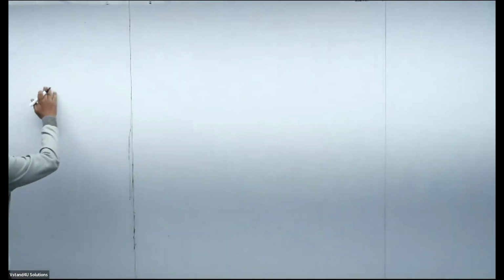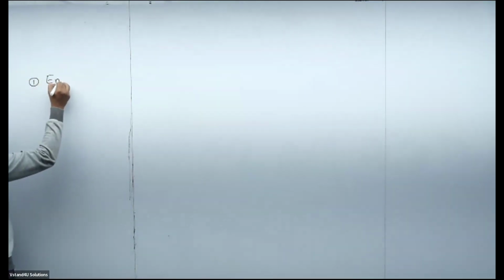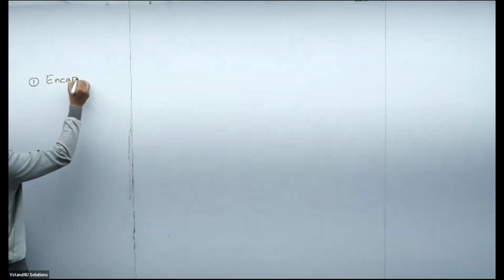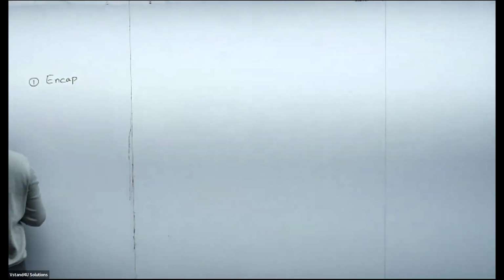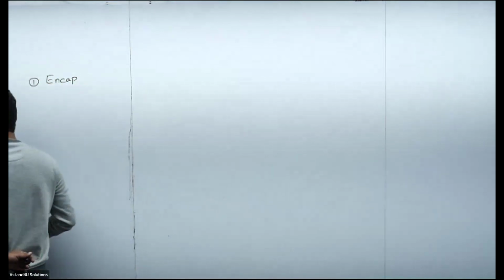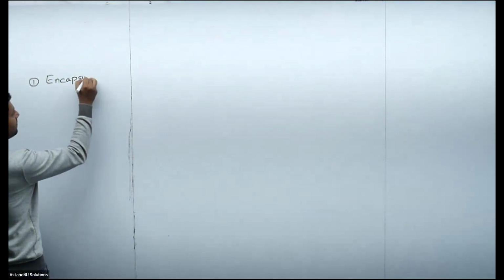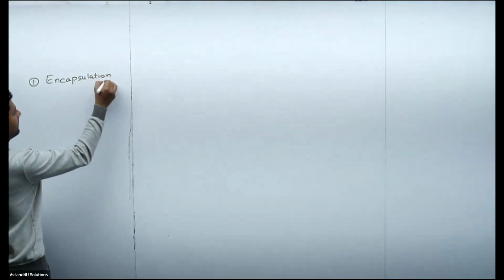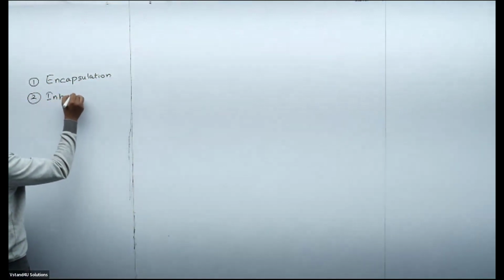See, conceptually, we will make combinations and understand. Just definition wise, I'll cover it and move forward. First is encapsulation. Am I right? 4 pillars. First is encapsulation. Second, inheritance.